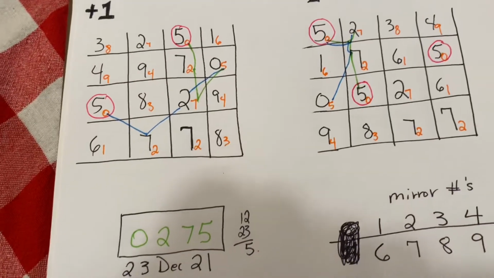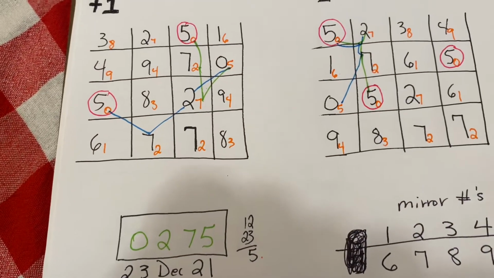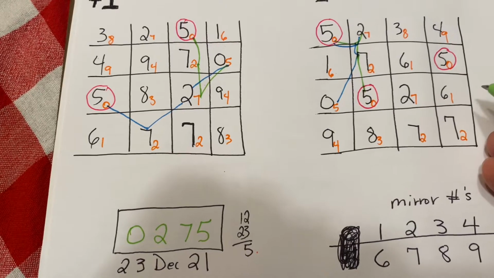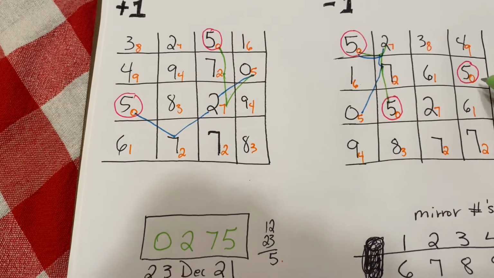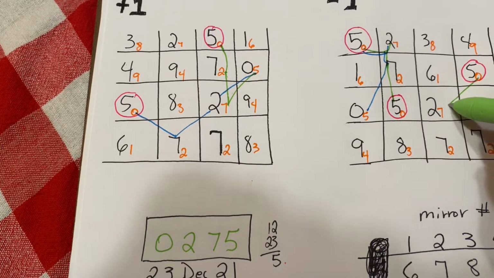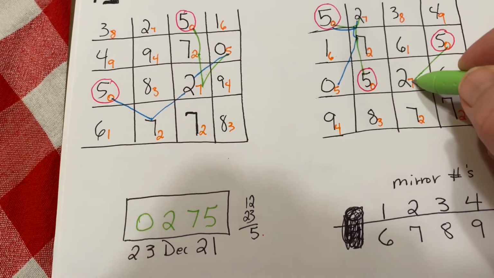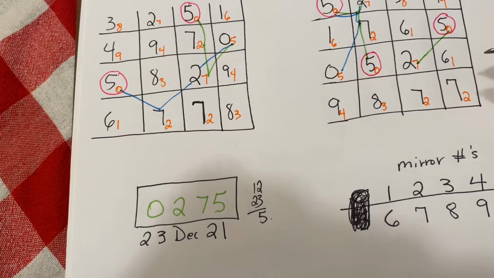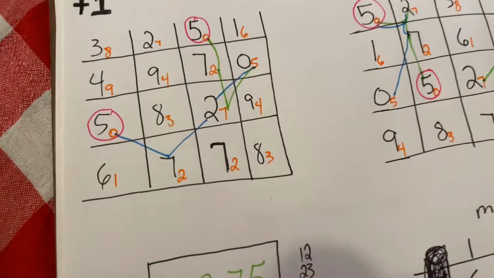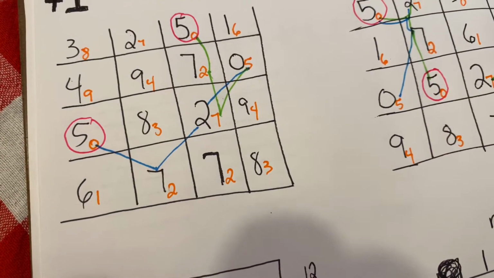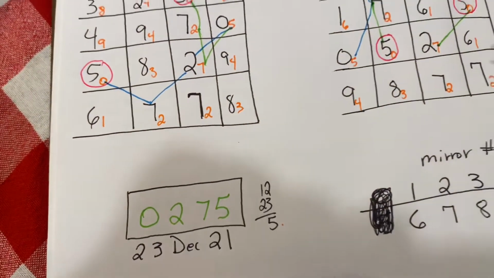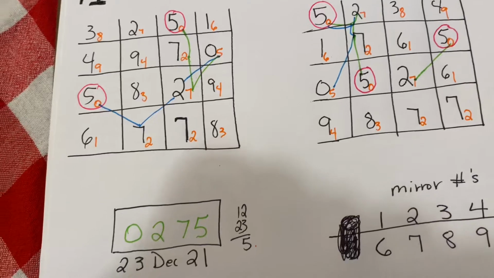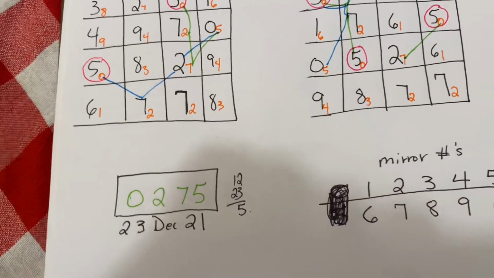Okay, then we're going to have over here on this side. 0, 7, 5. I think I messed up on that one for 1 second. Let's see, I gotta get my bearings straight.